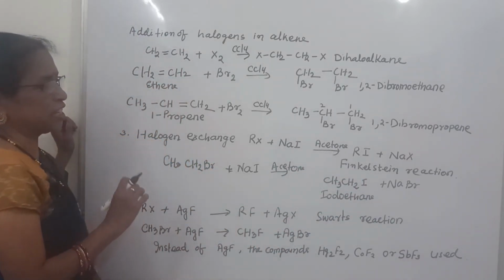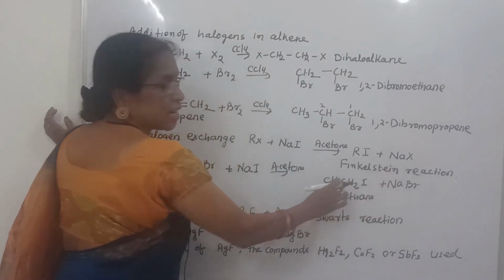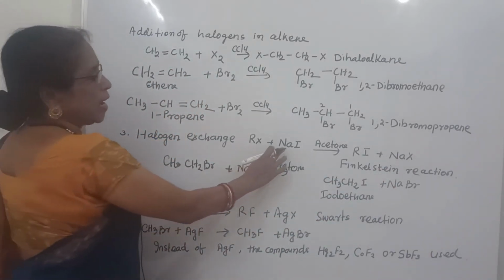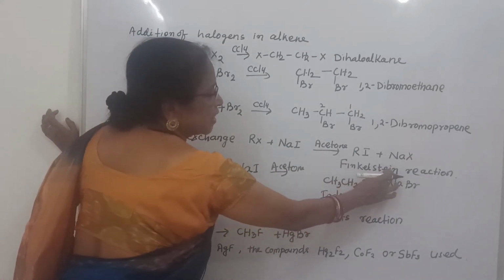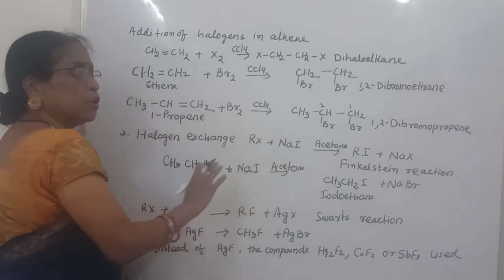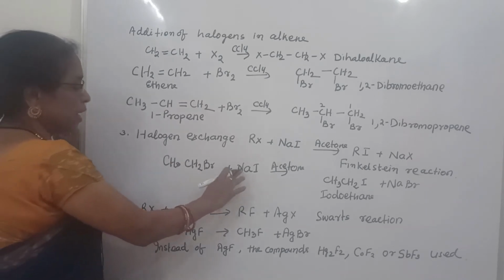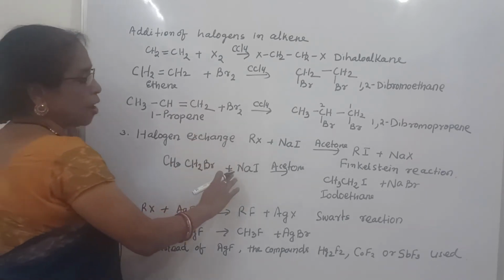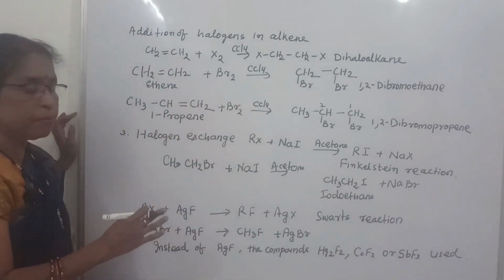I hope it is easy to remember: here the last letter is N, so you will add NaI. That is your Finkelstein reaction, and this is the example where bromine is replaced by iodine, so it is iodoethane, and the byproduct is sodium bromide.